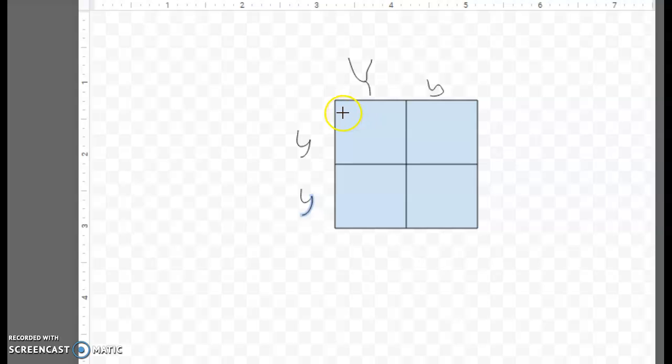So right here we'll have the big Y, little y. And then we'll have a little y, little y. And then we'll have a big Y, little y. And a little y, little y.